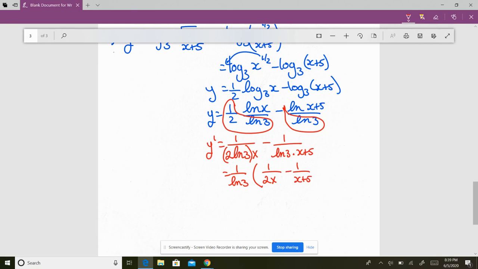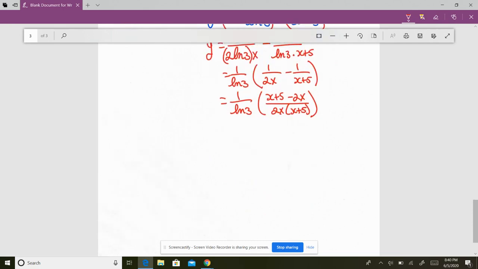I'm going to make a common denominator. So I'm going to get x plus 5 minus 2x all over 2x times x plus 5. Clean up the top. x minus 2x is negative x. So I get 5 minus x over 2x times x plus 5.